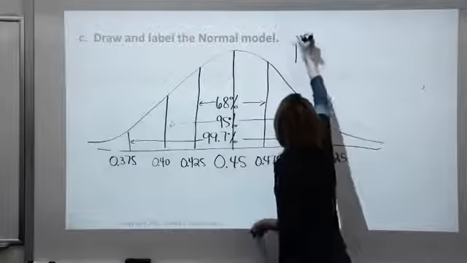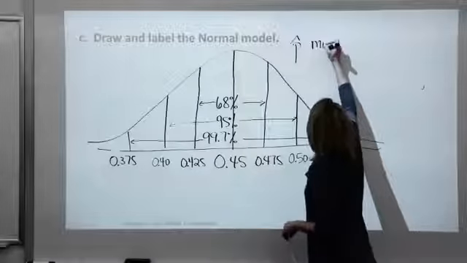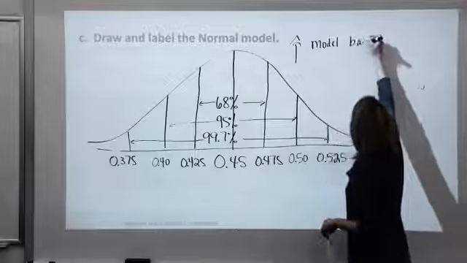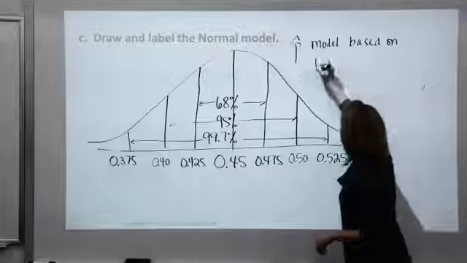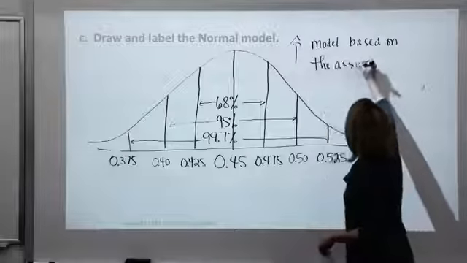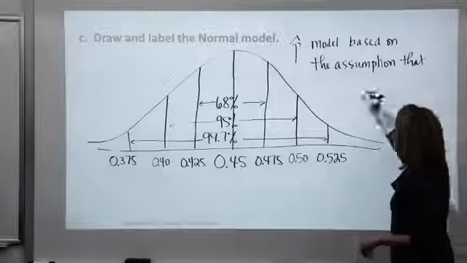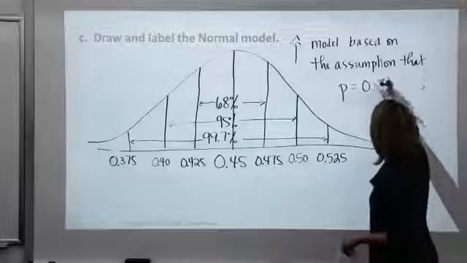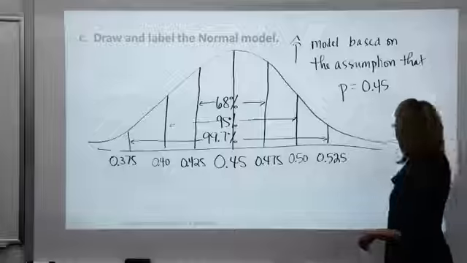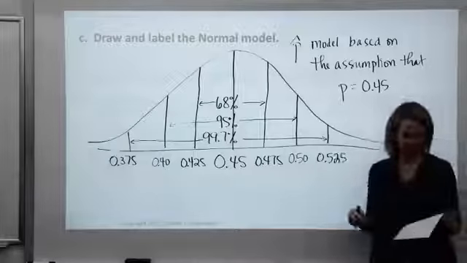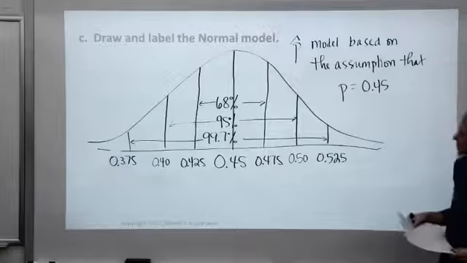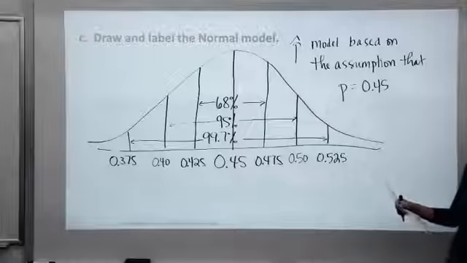So this is our model for sample proportions based on the assumption that P is 0.45. Obviously, if P differs from that, then this is going to be different. All right, so that's what our model looks like.